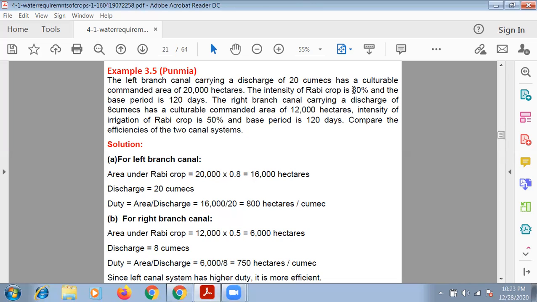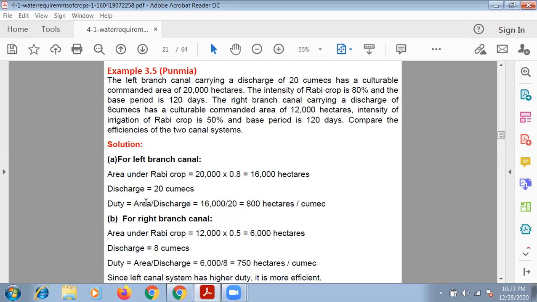The intensity of the Rabi crop is 80% and the base period is 120 days. So the area under the Rabi crop is 20,000, but the intensity of that crop is 80%, so you have to take 20,000 into 0.8. So it is 16,000 hectares and the discharge is 20 cumex.